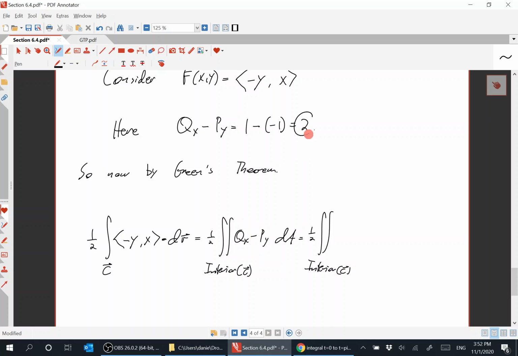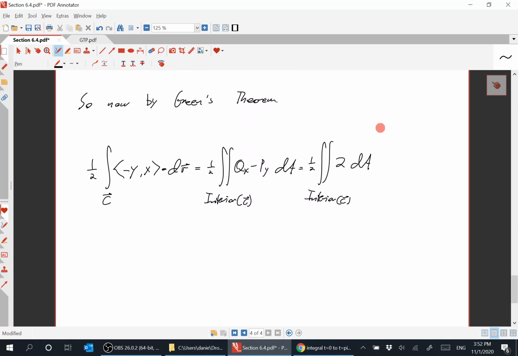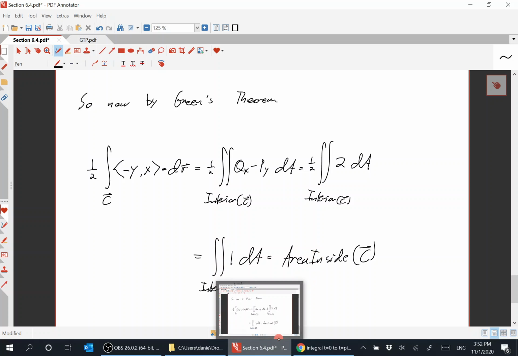And this quantity is 2. Bringing in the 1/2, that's equal to the double integral over the interior of C of 1 dA, and that is just the area of the interior of C. The area inside C.